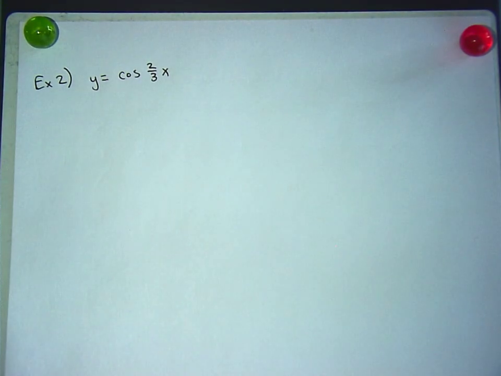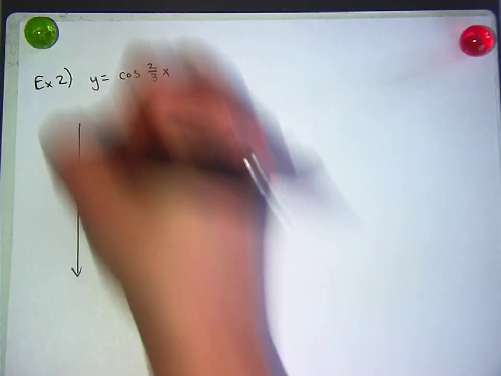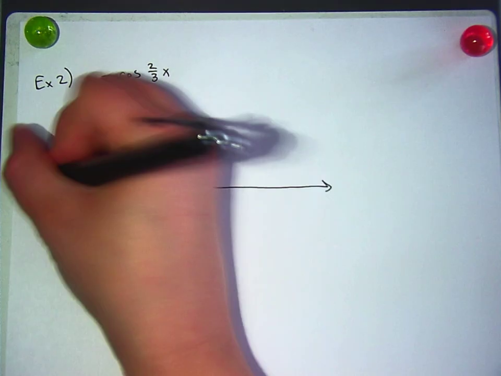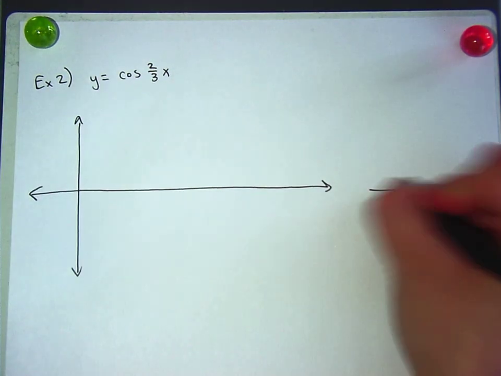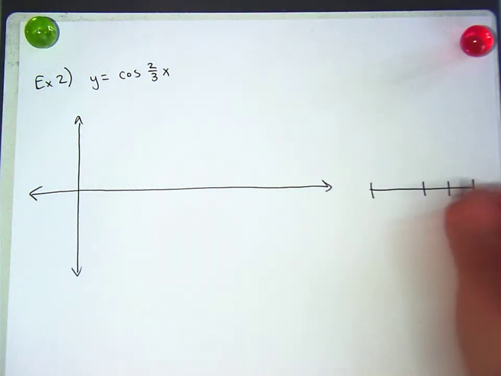Y equals cosine 2/3 of x. Over here, I'm going to draw myself a little thing so I can just figure out the fractions without using pi.